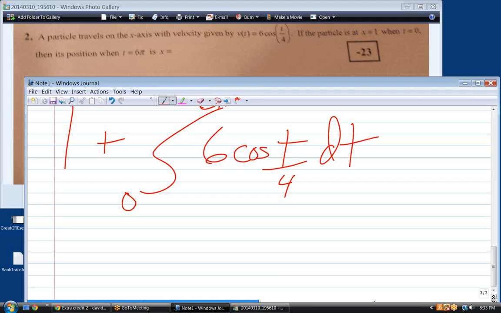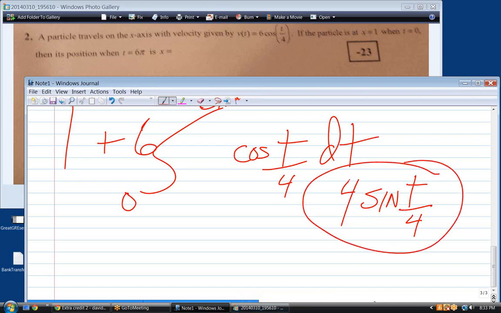We pull out the 6, and then it'd be positive sine, divided by the coefficient, which is 1/4, which means multiplied by 4. Take the derivative of that.